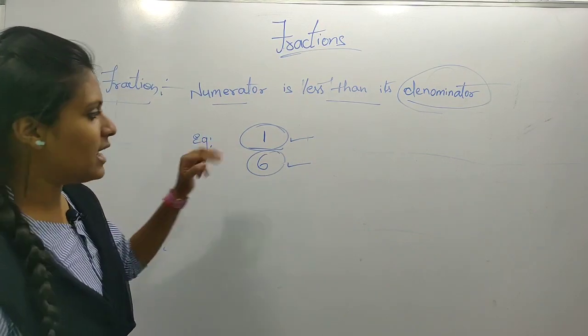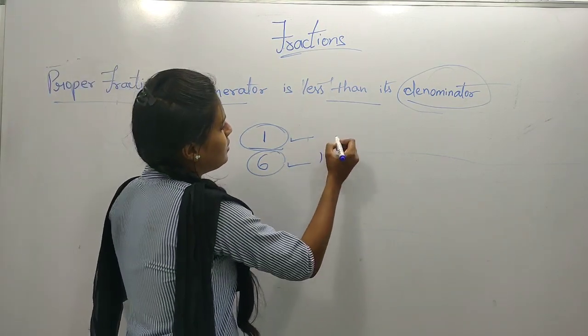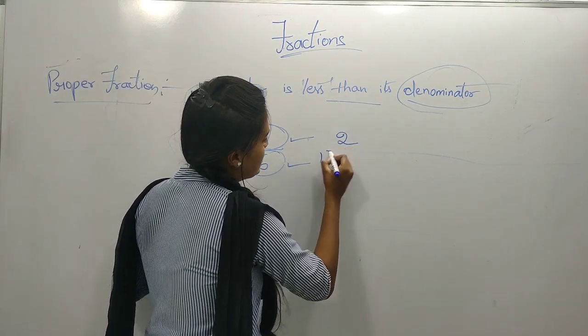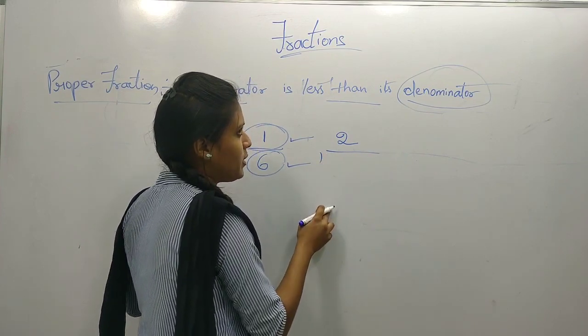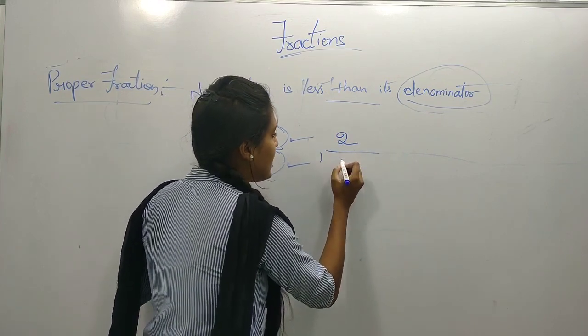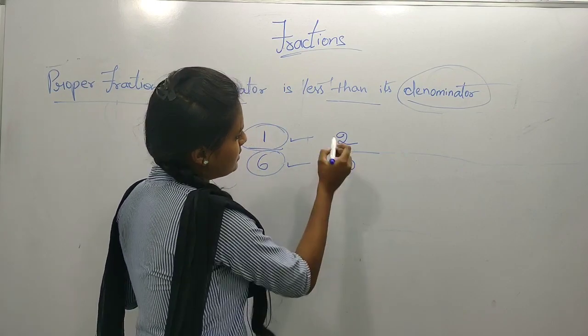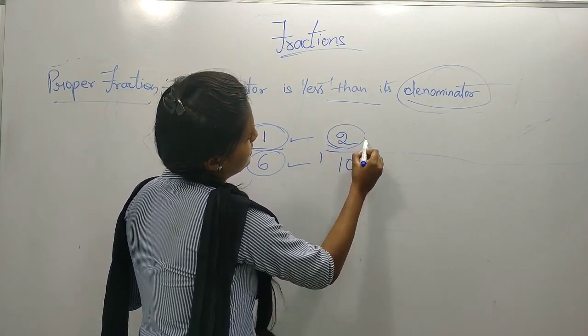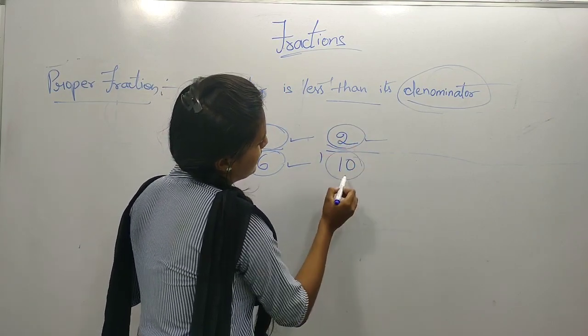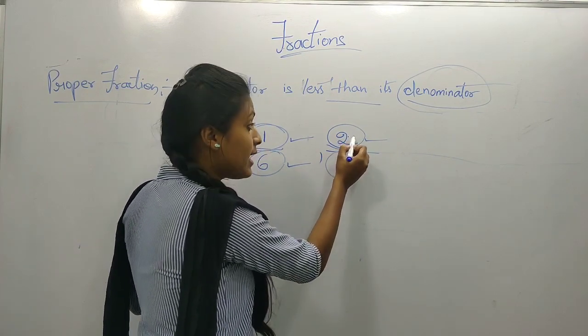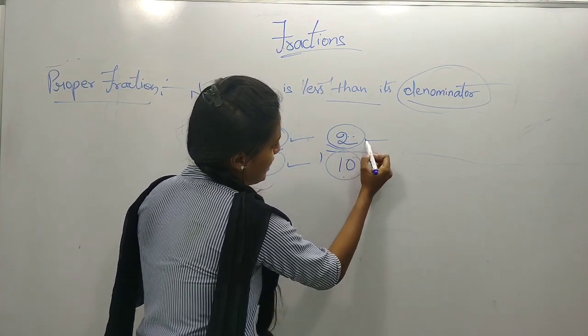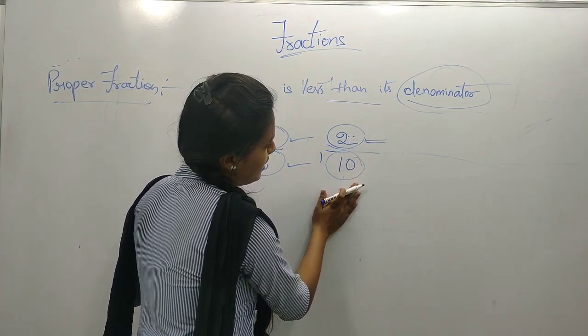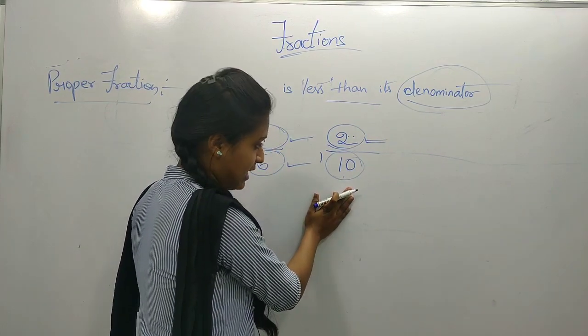This is the example. Another example: let's take the numerator as 2, and it is less than its denominator, so let's take 10. Then see here, is 10 more than 2 or not? Here the 2 is less than the denominator, less than 10.